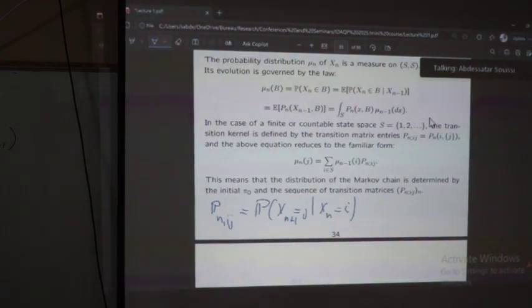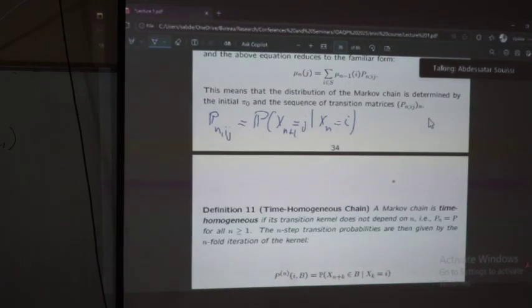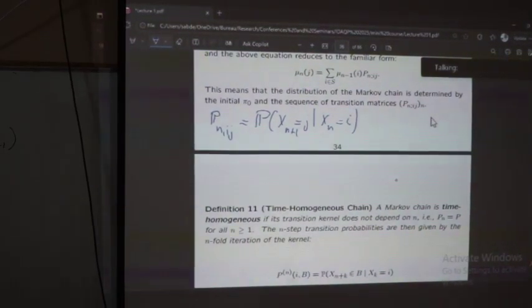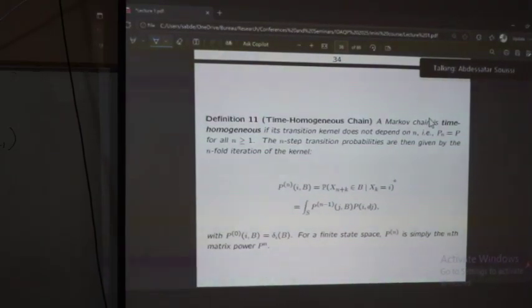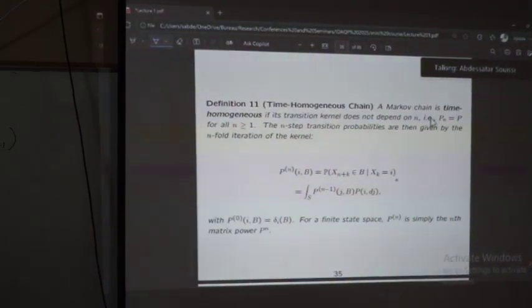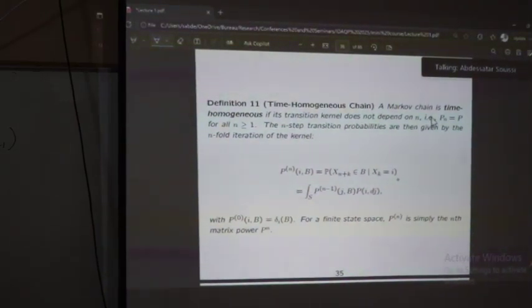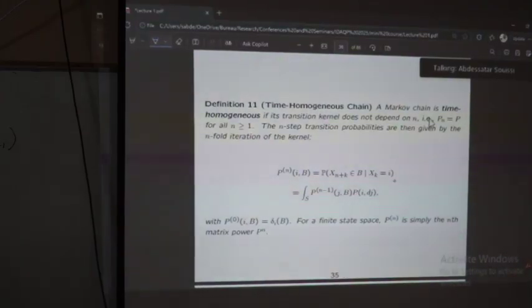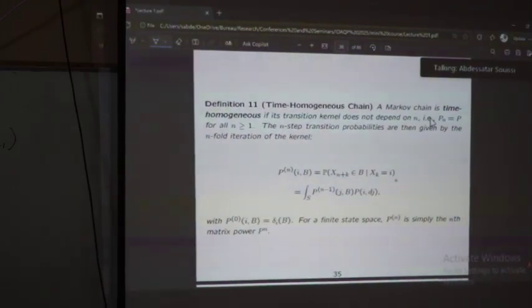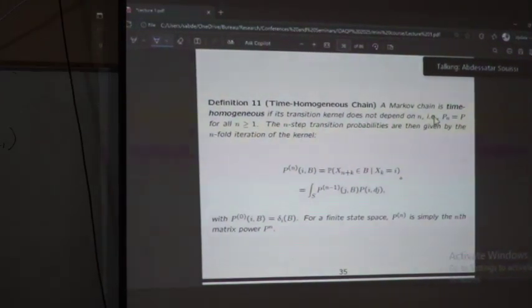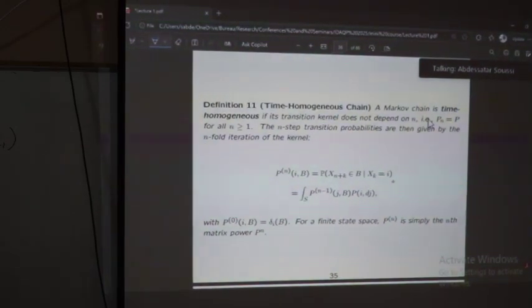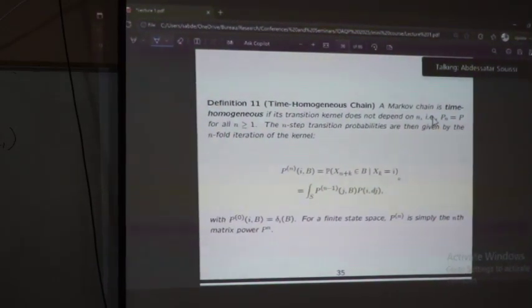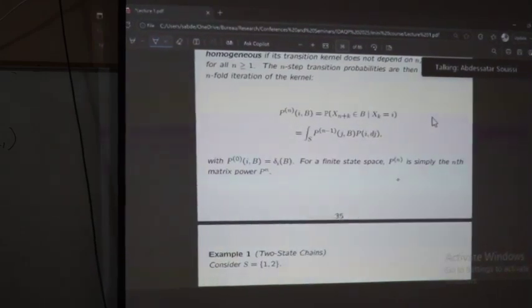In the homogeneous case, this transition does not depend on n, so the n-step transitions are indeed the n-th power of a single stochastic matrix. Here, stochastic matrices are matrices with positive entries, where the sum over each line equals one.